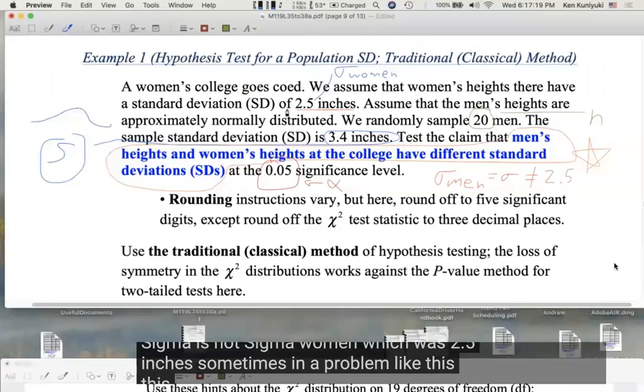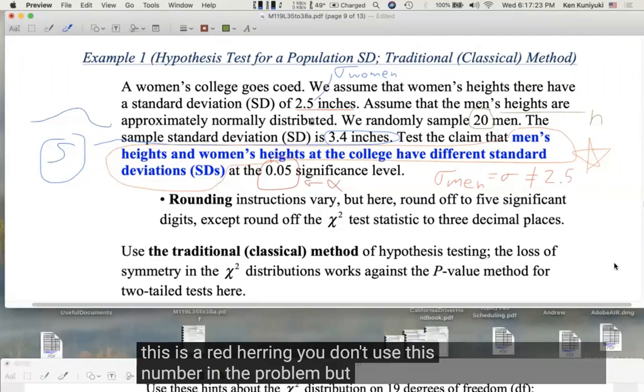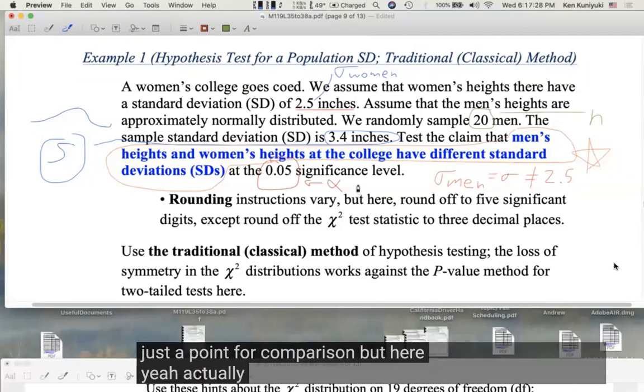Sometimes a number in a problem like this is a red herring. You don't use this number in the problem, but it might be just a point for comparison. But here, actually, we do use the 2.5. And that's the claim: sigma is not 2.5 inches.